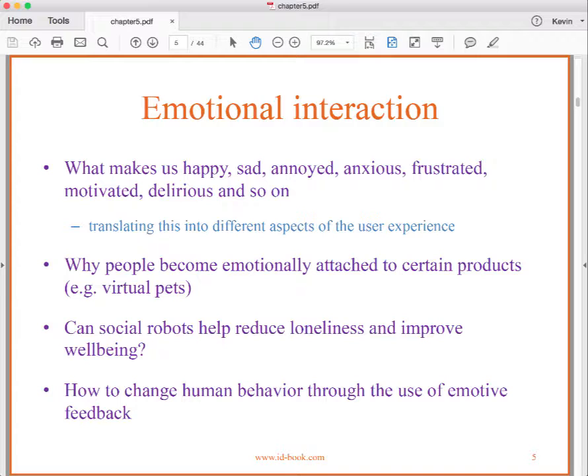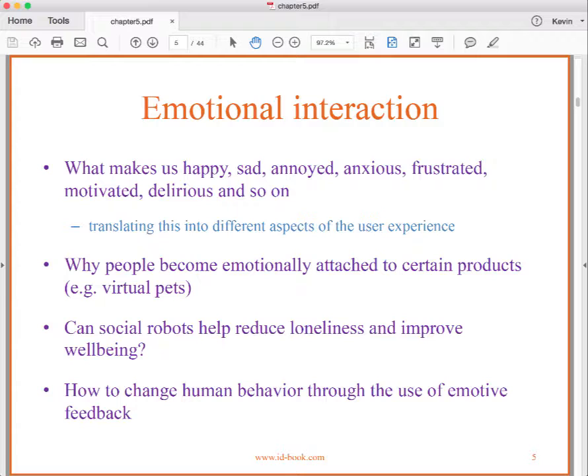Going further on that, could we take advantage of that to create robots, for instance, that could help us to reduce loneliness or to improve our feelings of well-being? I certainly have seen quite a few of those in the news in recent months.